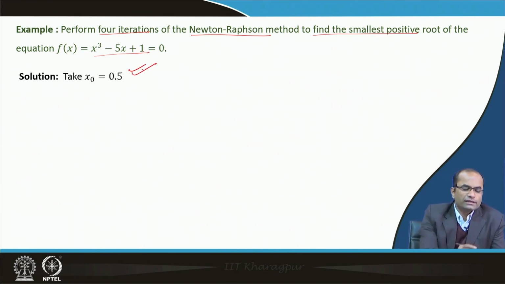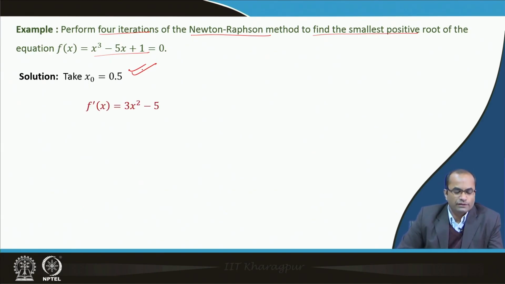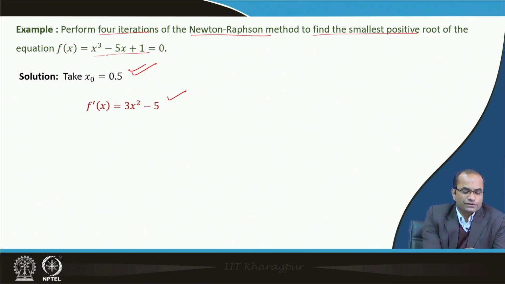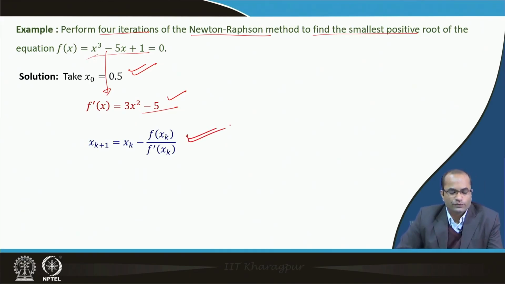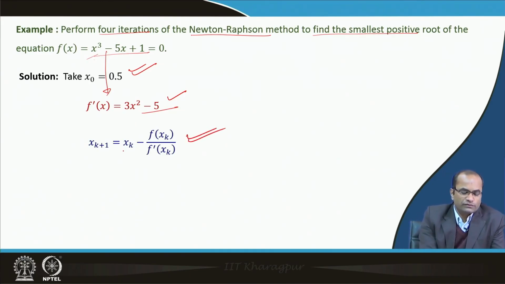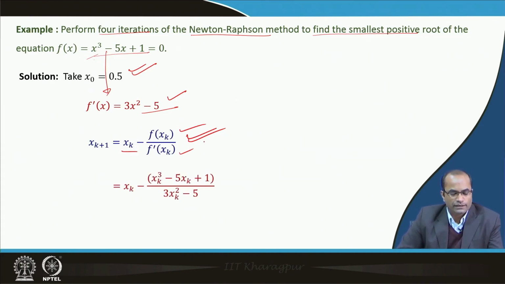If we take the initial guess, for instance, 0.5, then we have to compute f prime x, which is directly 3 x square minus 5, and then we can set up Newton's iterations: x k plus 1 is equal to x k minus f x k over f prime x k.